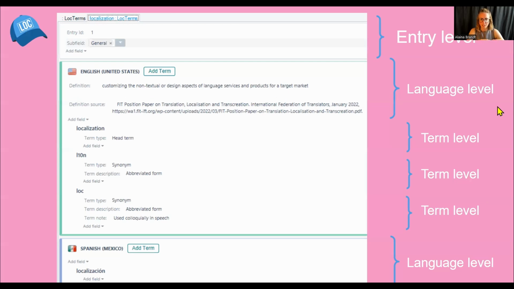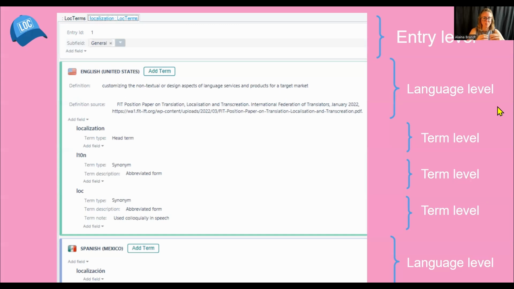Including the subject field for each entry of a glossary or term base is a best practice of terminology management. It's one of the most important things you can do in your term bases: include the subject field at the entry level. You'll notice that in the example pictured on screen here, this is an entry from the LocTerms project. The LocTerms project is a project that collects terminology related to translation and localization.